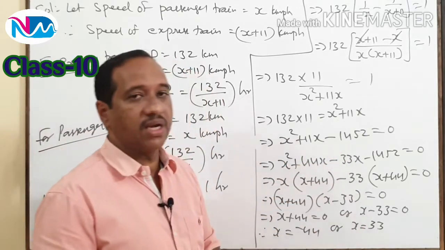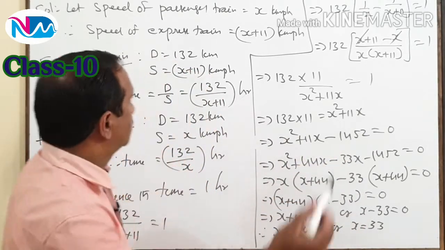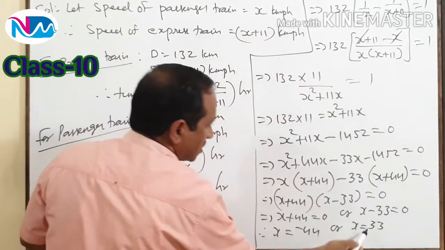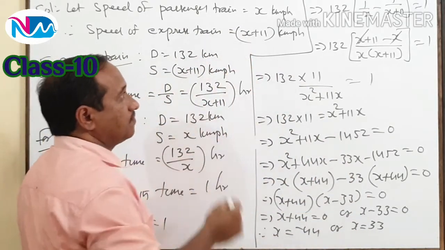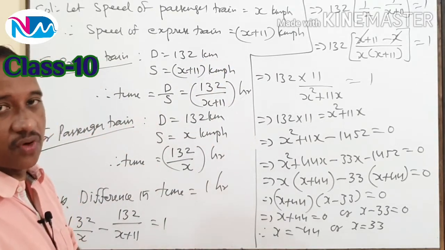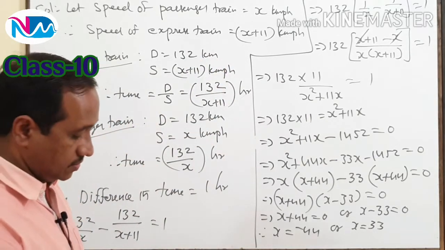Taking the positive value of x, you will get the speed of the passenger train is 33 km per hour, and the speed of the express train will be x plus 11, that is 44 km per hour.